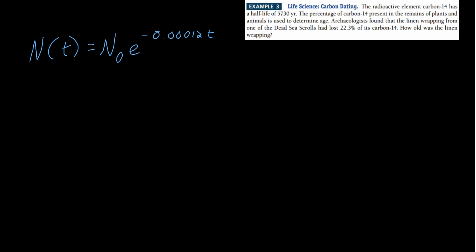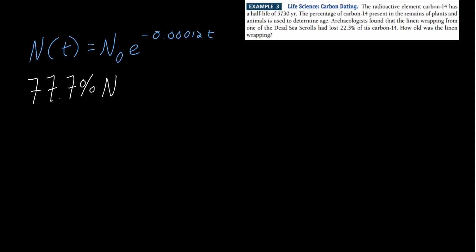So the clever thing we're going to do is, reading here, it says the Dead Sea Scrolls had lost 22.3% of its carbon-14. If it lost 22.3% of its carbon-14, then that must mean there is 77.7% of the initial amount, right?